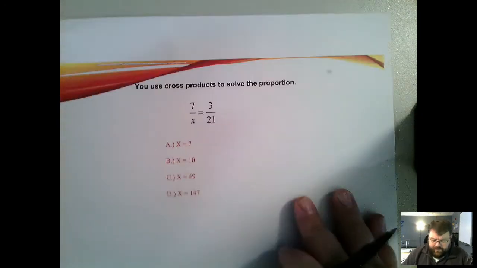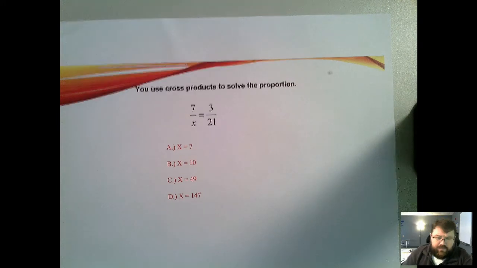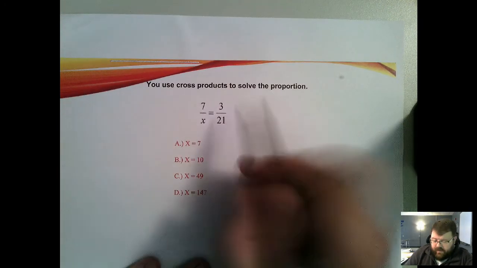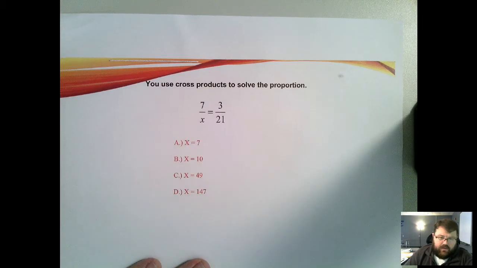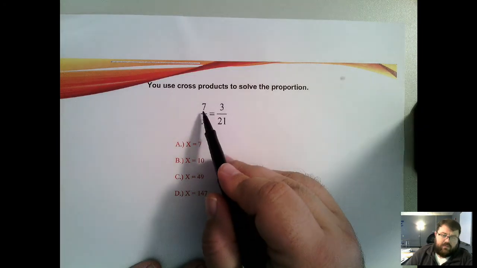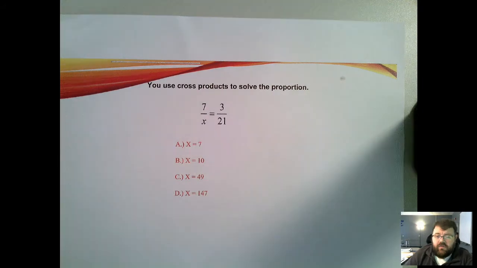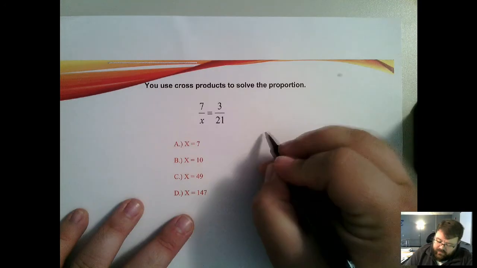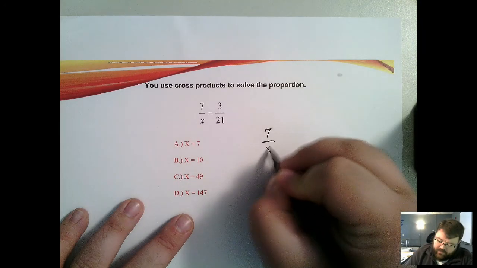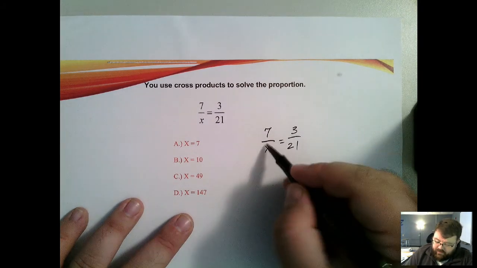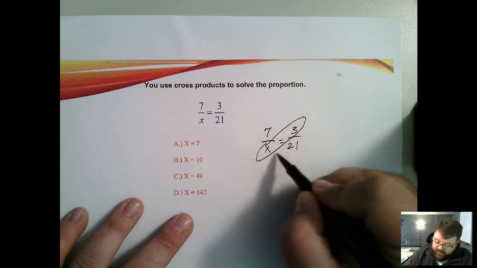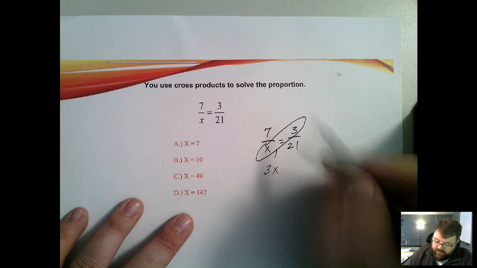Last one. So for this one, I look at the 3 and the 7, and I think, okay, I can't think of anything to make this 3 into a 7. So I'm going to have to use the butterfly method. So I have x times 3, which is 3x.